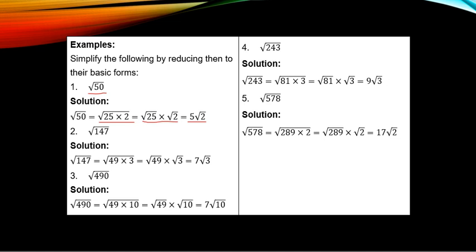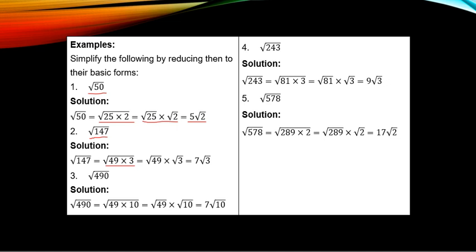Okay? Take square root of 147. If you check very well, you are going to have 49 as a perfect square. Now you may be asking, how can I know the perfect square in that number? What you do is that you try to divide it by non-perfect numbers.